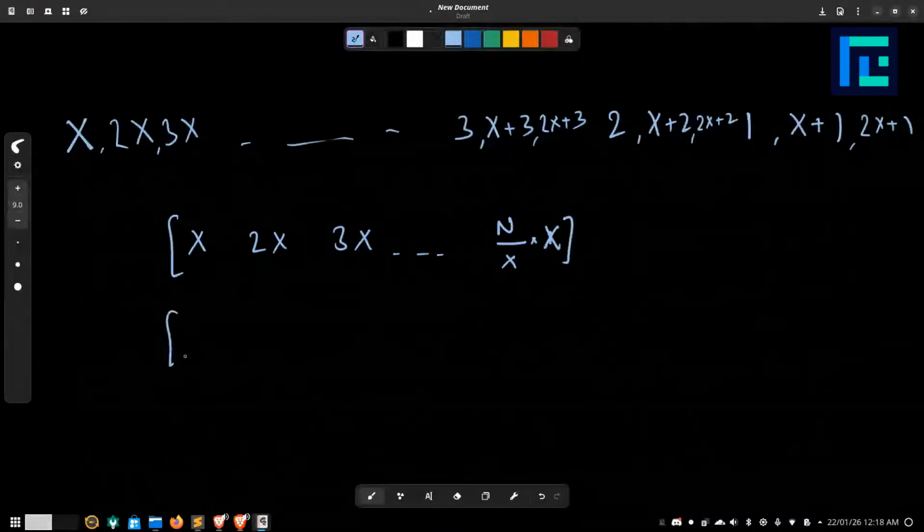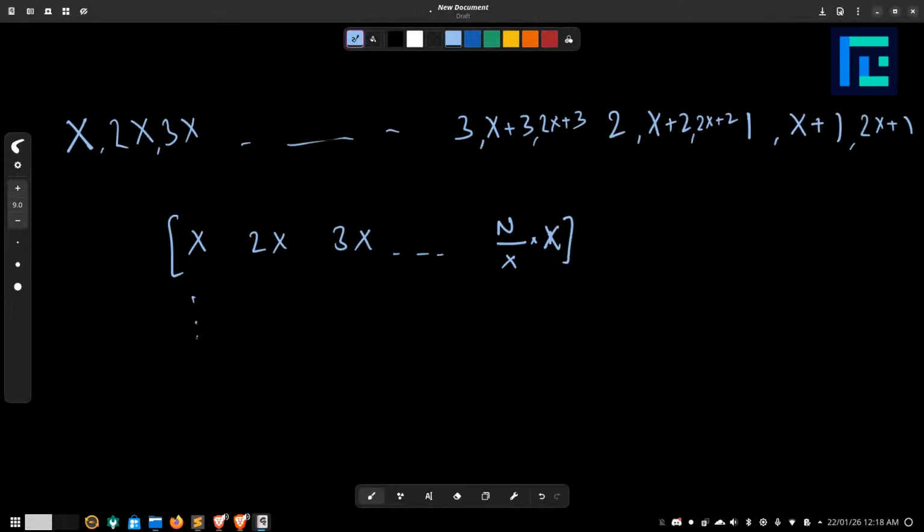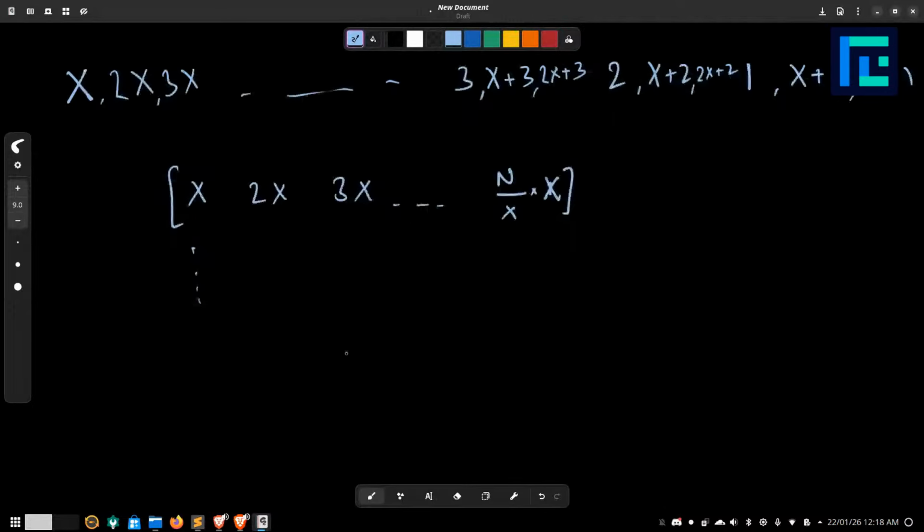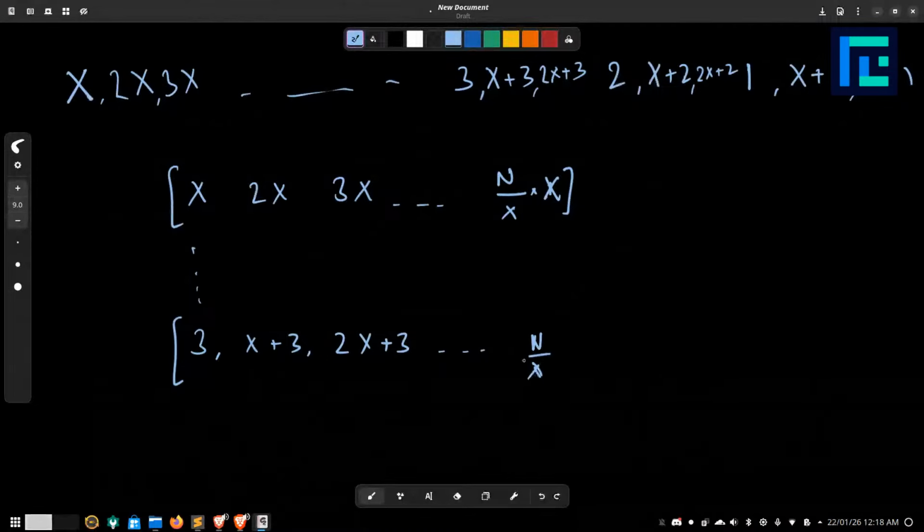Then we have some segments, and then we have the 3, x plus 3, 2x plus 3 till n by x minus 1 into x plus 3.